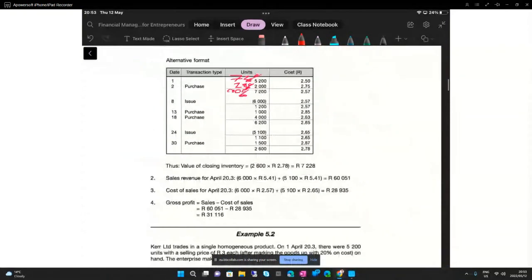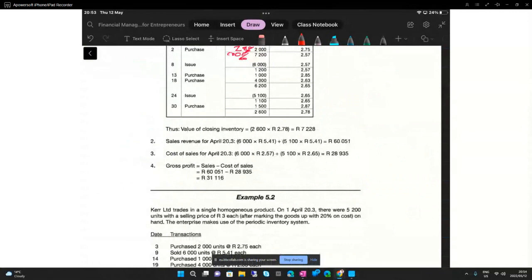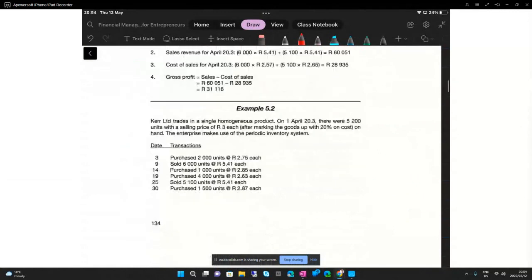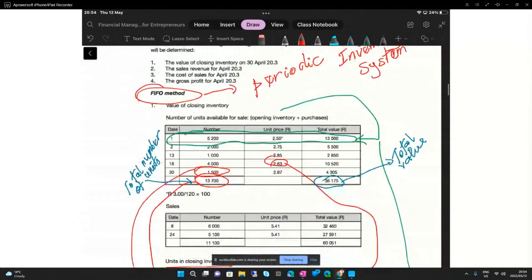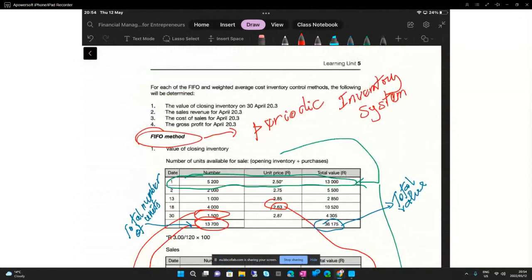So I hope that you can work out how these numbers are being calculated. Should you have an issue and there is maybe a particular place where you are not understanding, then please let's book a session, the two of us.